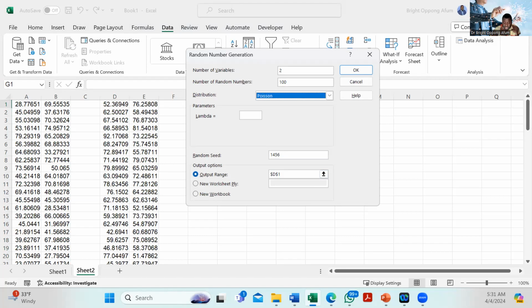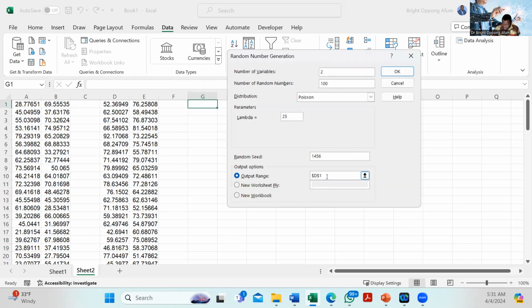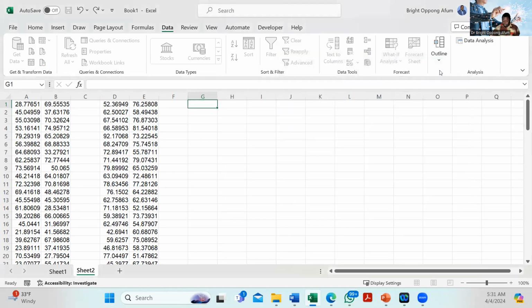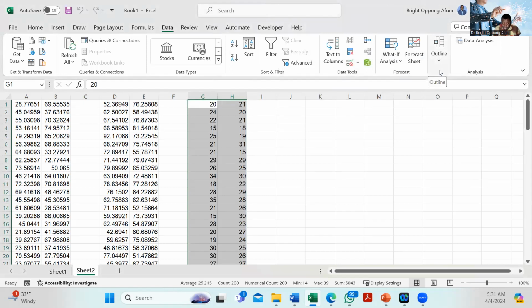So let's say that the mean number of occurrence is 25. Let's use the same seed. Now we want the results to appear in G. So when I run them, I have these values as the random variables.